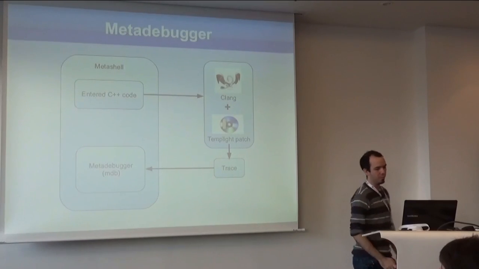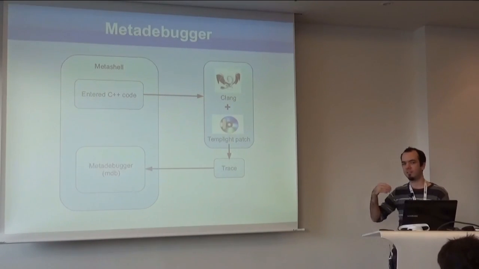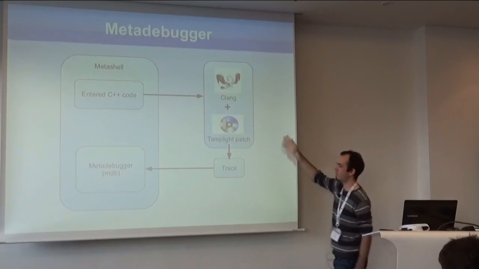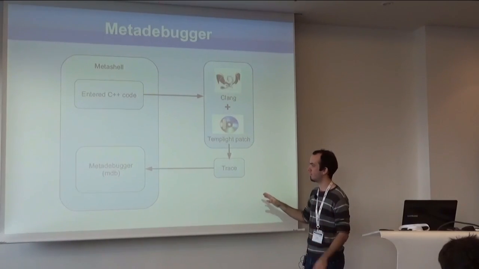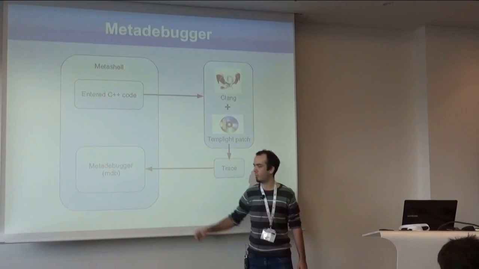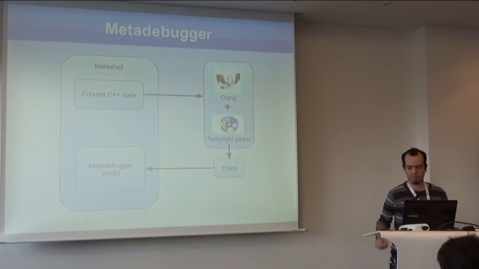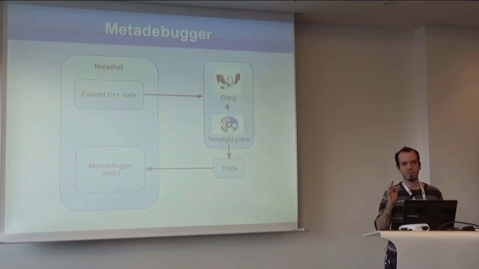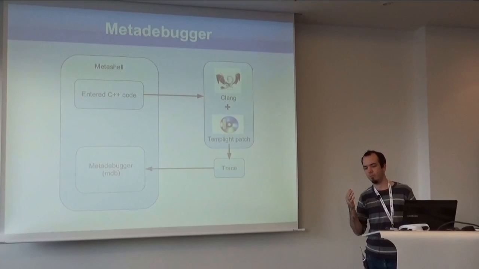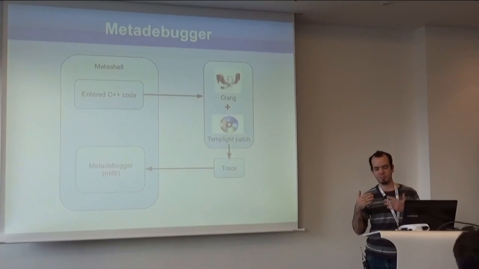And what Metadebugger does is that it resimulates the instantiation process. So the compilation finishes, the compiler is happy, it's done, and now we resimulate the full process. So this means that we have access to the future in some sense.